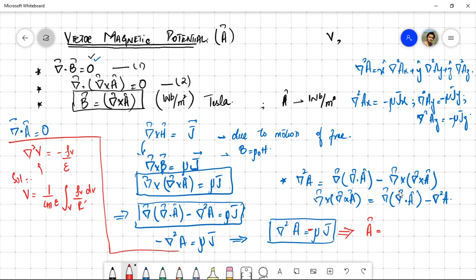So if we want to convert this thing into this thing, what we'll do is write 4π as it is, but there was epsilon in the denominator, and now the permeability is in the numerator, so we'll write μ in the numerator, and then instead of ρV we have JV, so we can write it as JV divided by R and then dV.